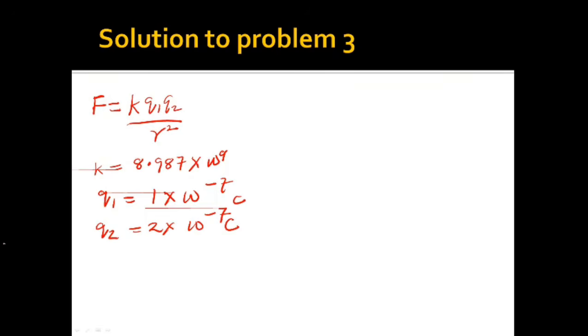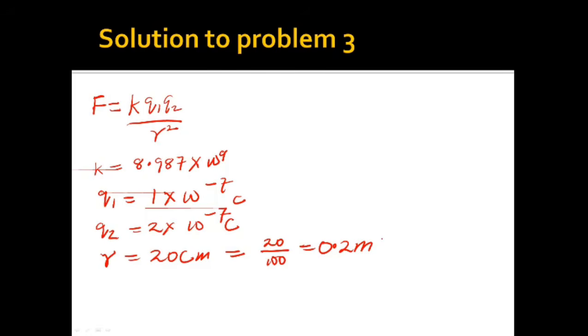Then R, what is the R given to us? R is equal to 20 in cm. So we convert it to meters. To convert that to meters, we have 20 divided by 100, which is equal to 0.2 meters.